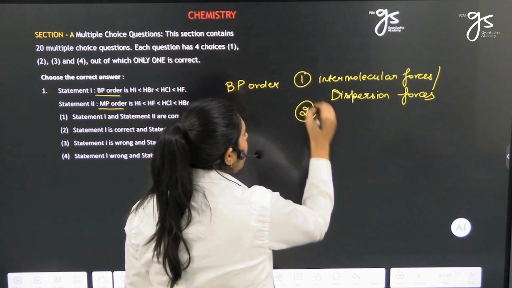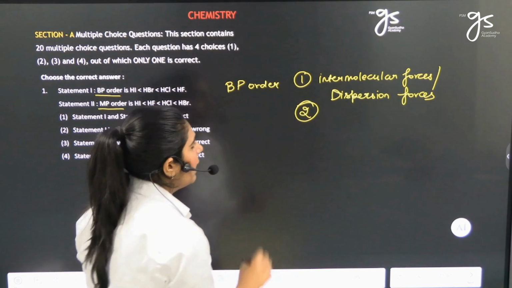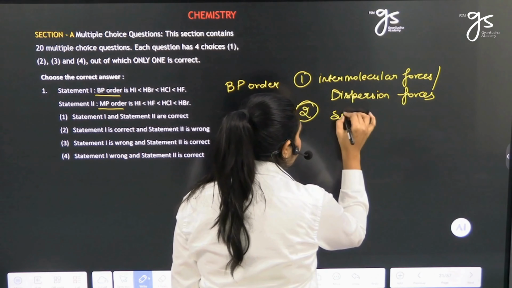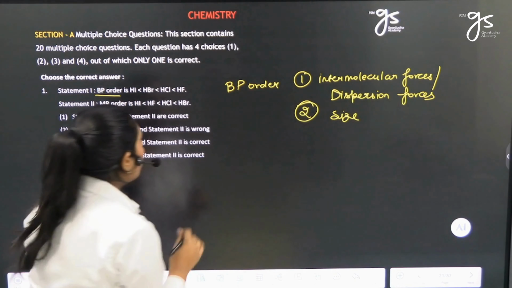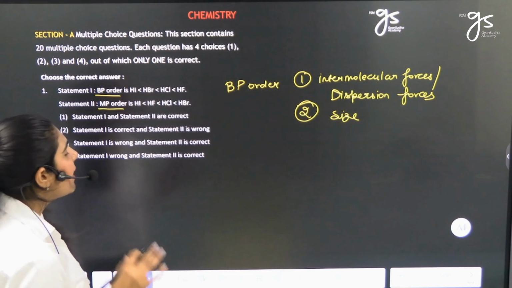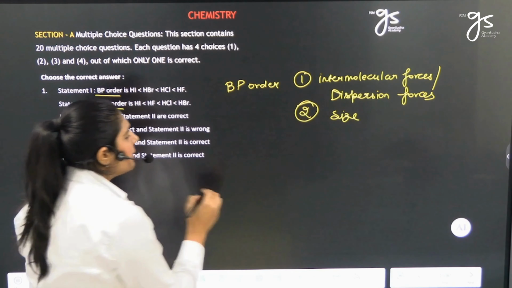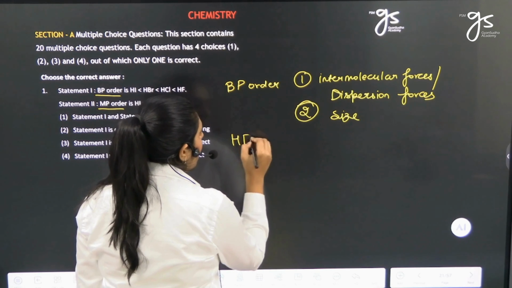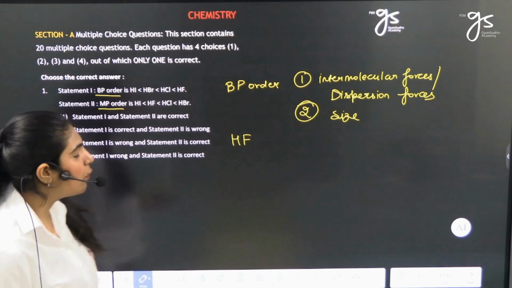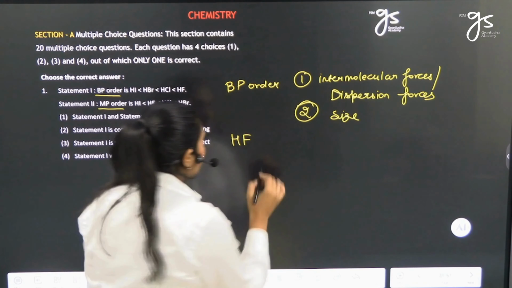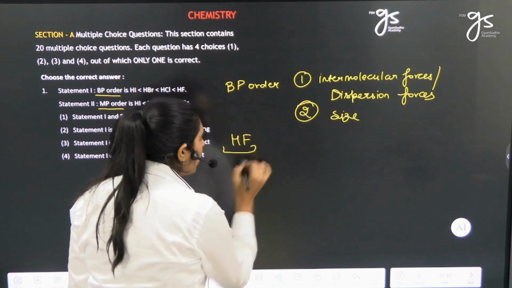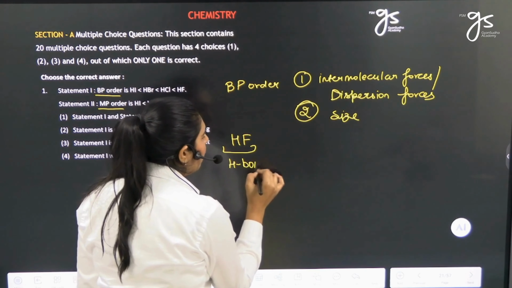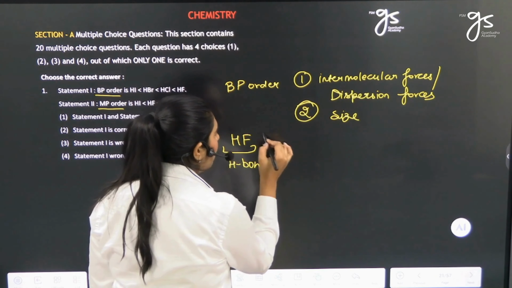The second thing you have to see is the size. When looking for the boiling point order, the strongest hydrogen bonding is in HF, because fluorine is a highly electronegative element. So the HF compound, due to hydrogen bonding, will have the highest boiling point.